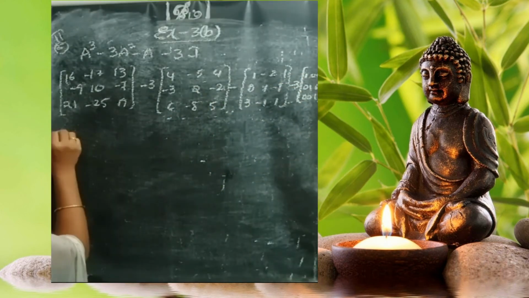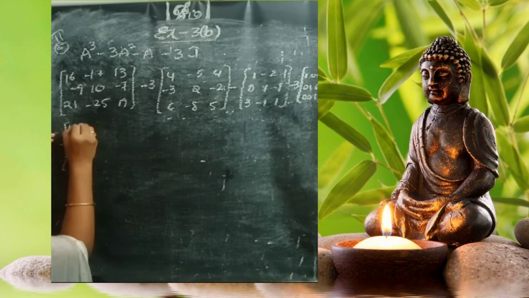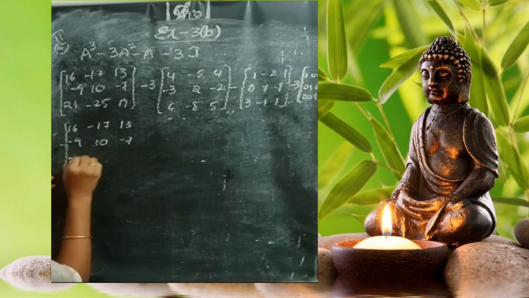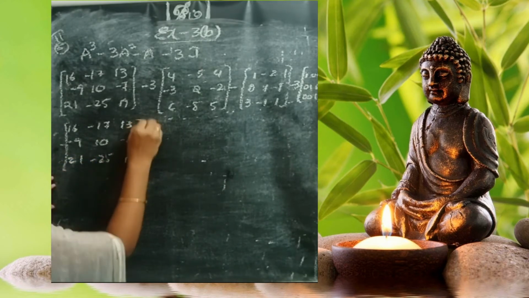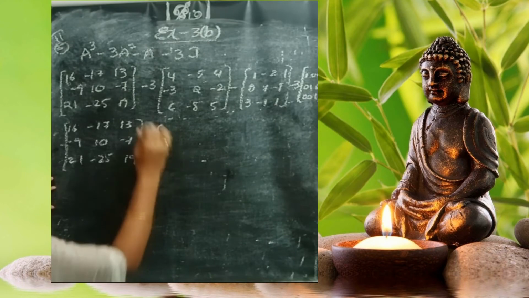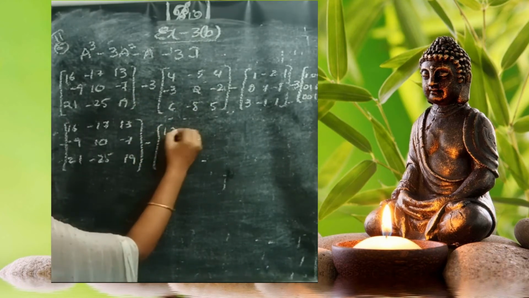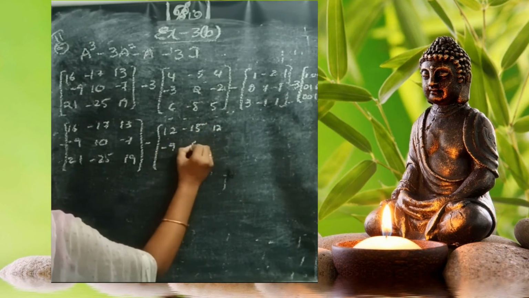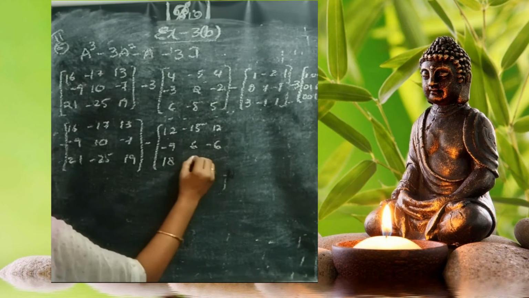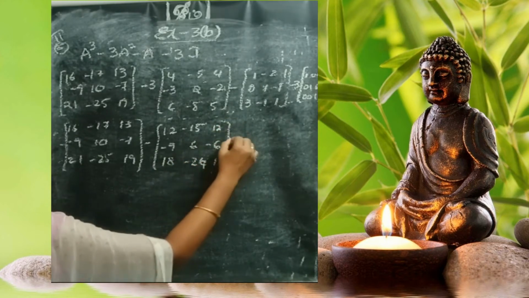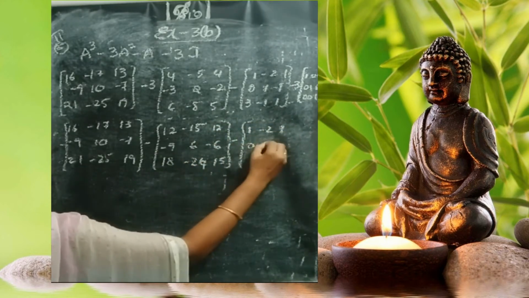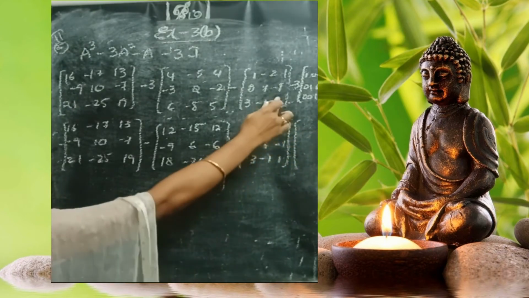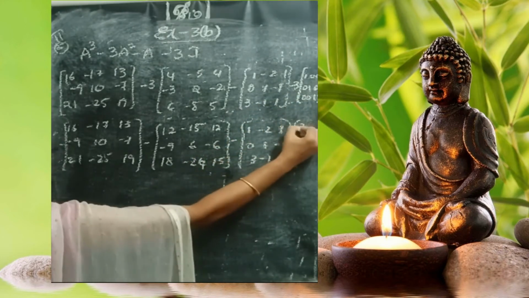Next, now multiply this 3 for every number.